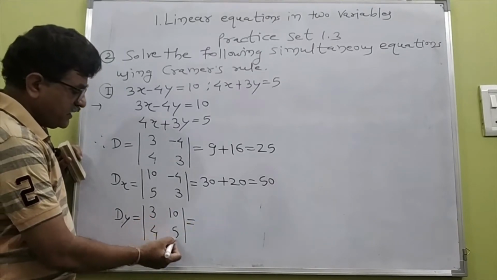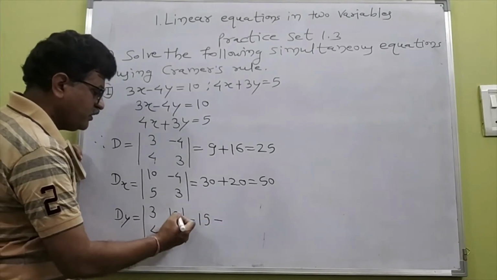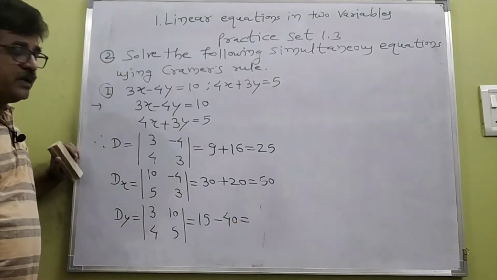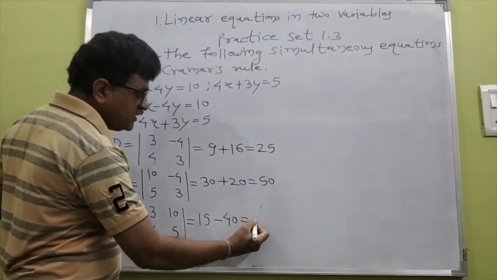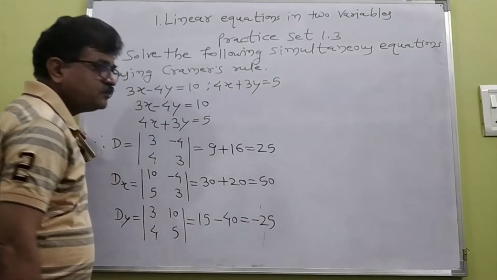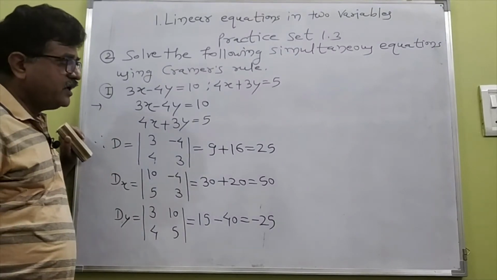Now taking multiplication, 3 into 5 is 15 minus 4 into 10 is 40, is equal to 15 minus 40, the bigger term is 40, minus 25. This is second step, values of d, dx and dy.